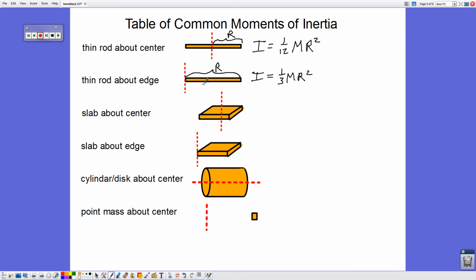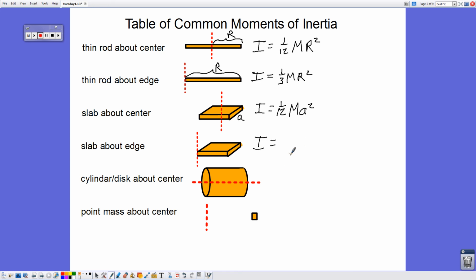So even if it's the exact same thin rod, its moment of inertia is different depending on what it's rotating around. Now, a slab rotating around its dead center, that's going to be I equals 1/12 m a squared, where this length here is a.